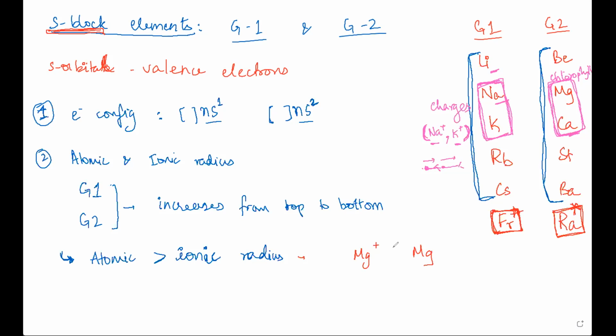Okay, so we have one person saying smaller, one person saying bigger. Ishita, can you give me the reason why you think it will be smaller? I'm not sure this makes sense, but if there are 2 electrons less, so... No, I'm talking about Mg+, not Mg2+. So just one electron less.